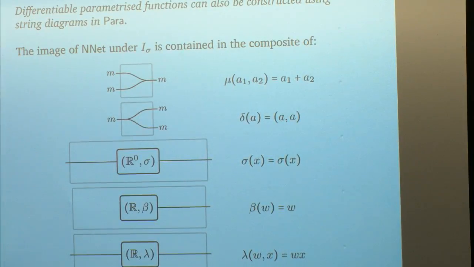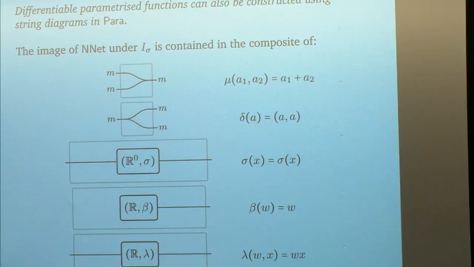So we have this prop Para. Now, if we think inside Para of the differentiable functions that aren't actually parametrized, that have a trivial parameterization space, this is still a nice subcategory, and it's just the subcategory of differentiable functions between Euclidean spaces sitting inside Para.